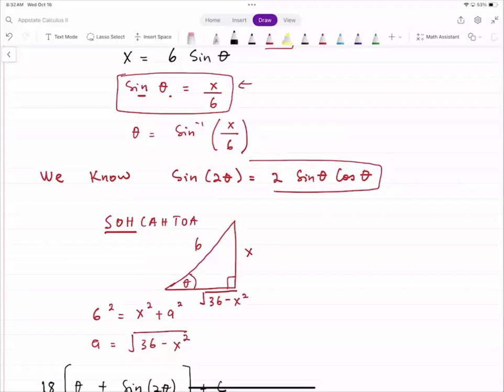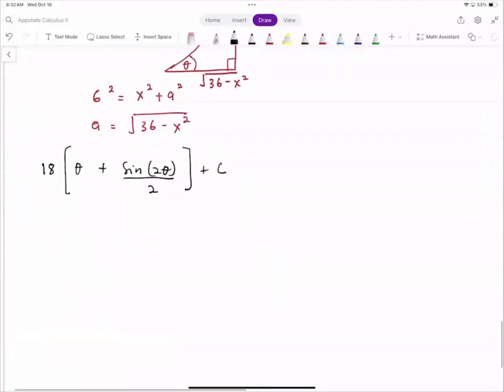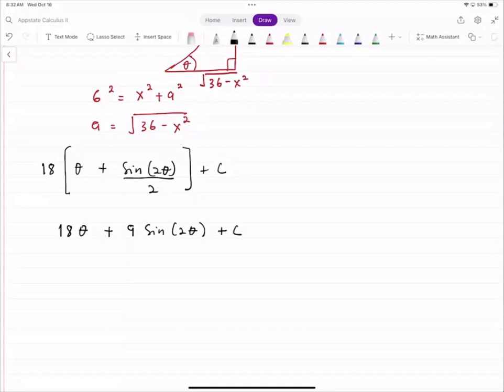And so now we can rewrite this. This is the same thing as 18 theta plus 9 sine 2 theta plus c. And what is our theta? Our theta is sine inverse of x over 6.